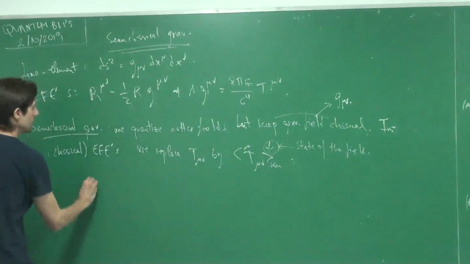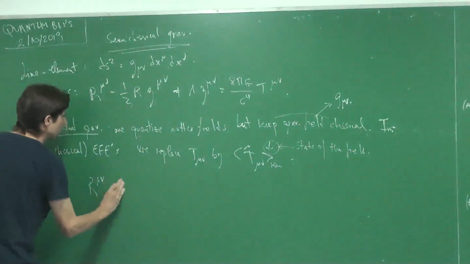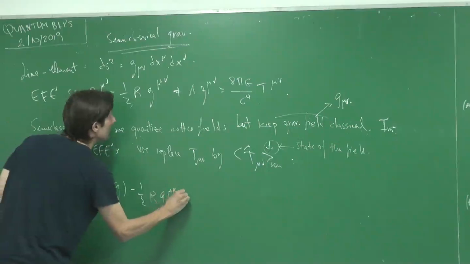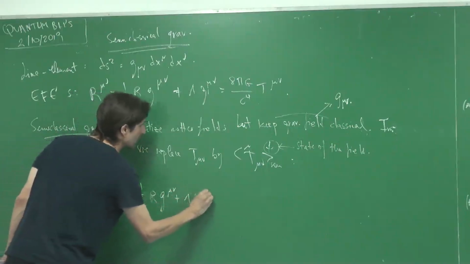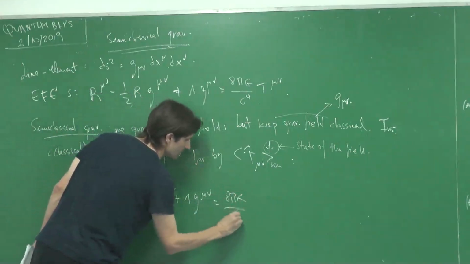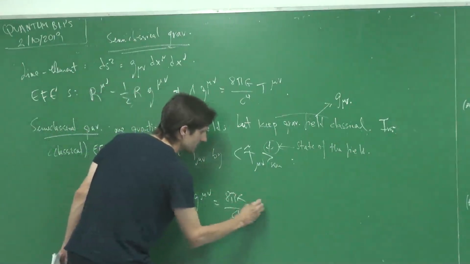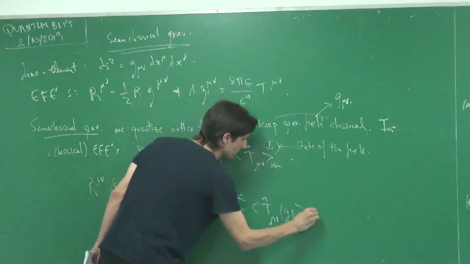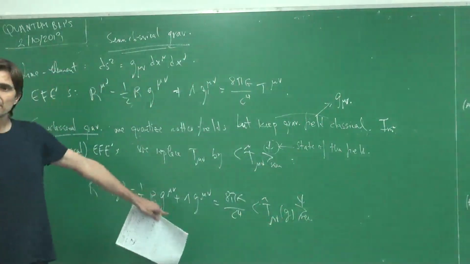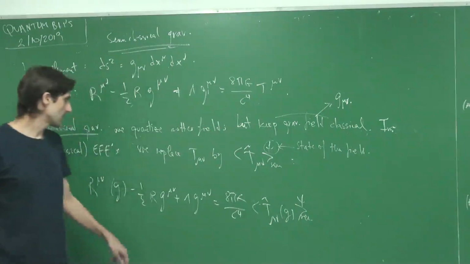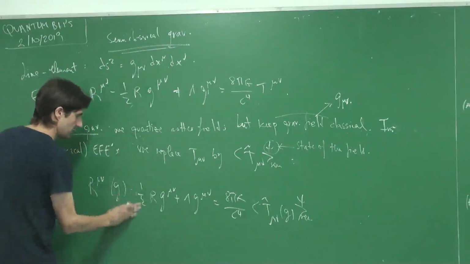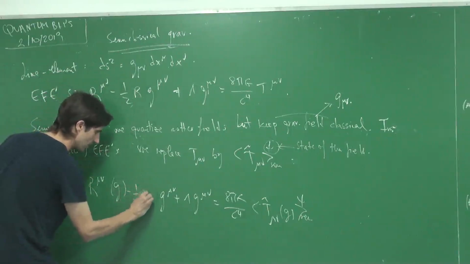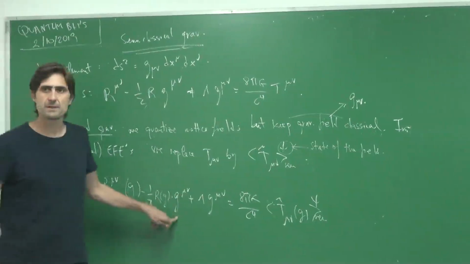So what we really want to do is calculate everything, the stress energy tensor and the Ricci tensor and the Ricci scalar, in the same metric, g.